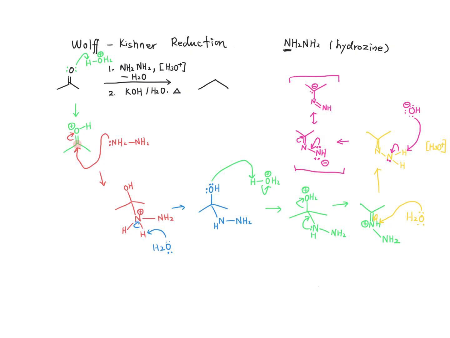And the next step is very cool. You have this resonance stabilized lone pair, and we notice that this carbon has a negative charge. When carbon has a negative charge, it's very, very basic. So if you have water floating around, it will grab this proton to make it neutral.